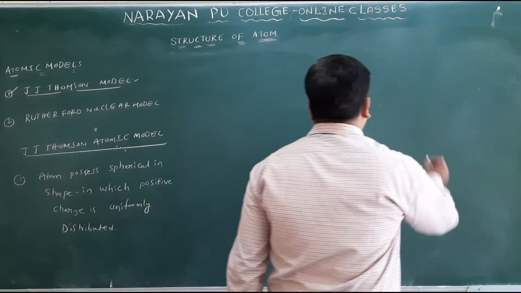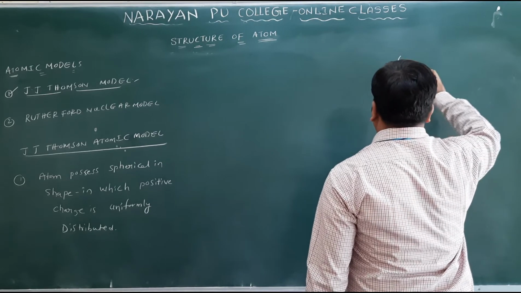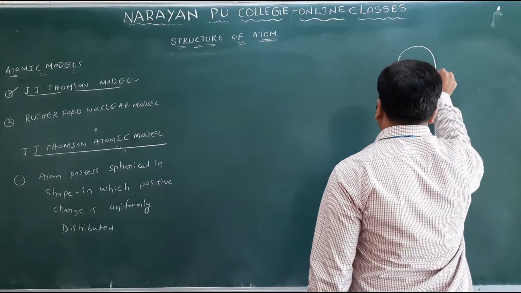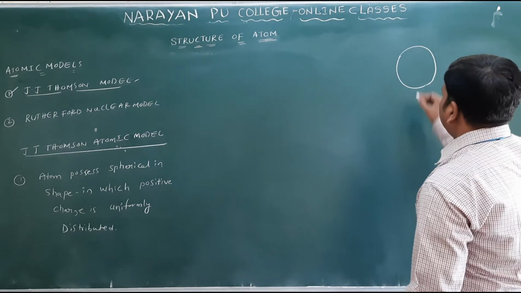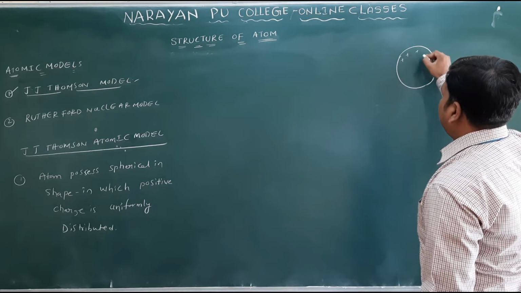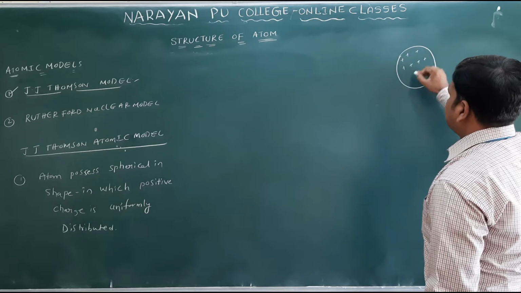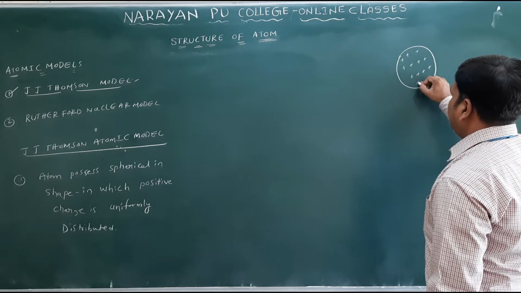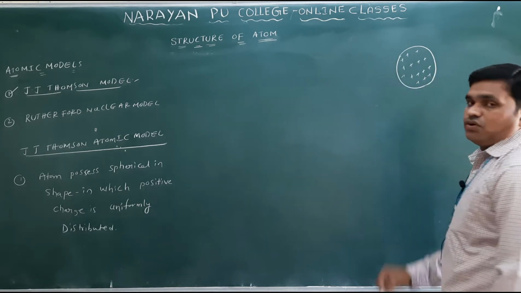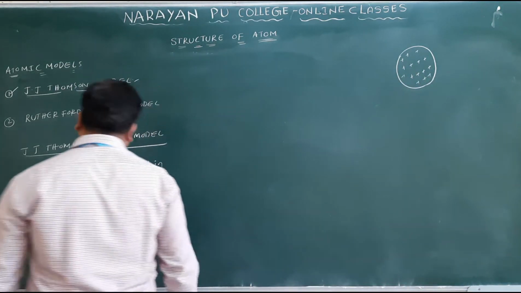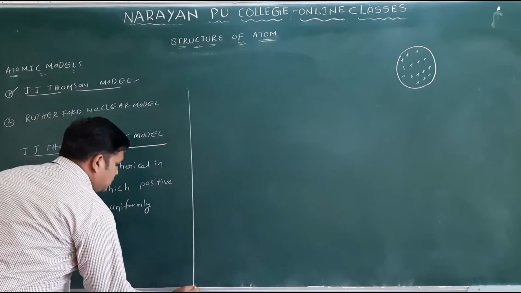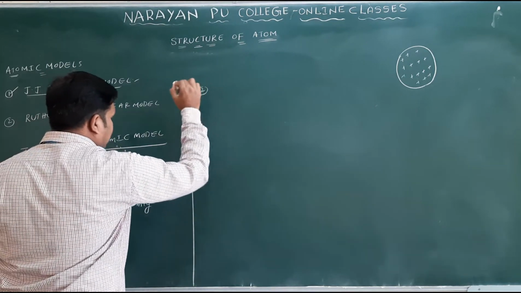You can see this: suppose an atom is spherical in shape. The positive charge is there. Imagine what they are telling here: the positive charge is uniformly distributed throughout this sphere. This is the first point according to the J.J. Thomson model. Next, you see the next point here.